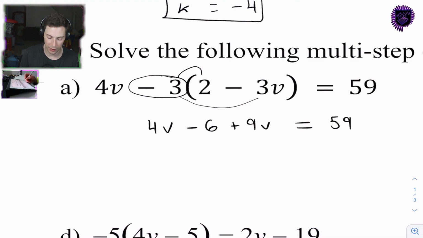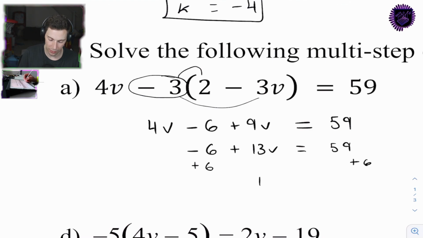Then we're going to combine like terms, which is negative 6 plus 13v is equal to 59. Then we're going to add 6. 13v is equal to 65.